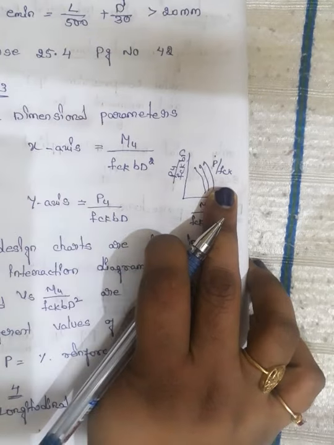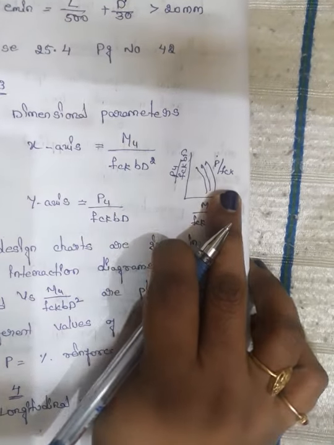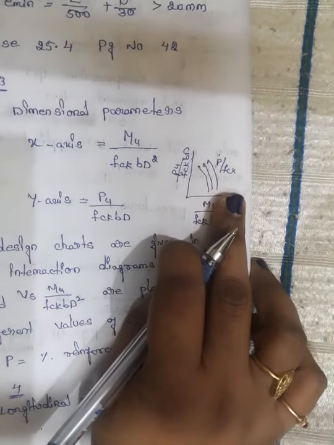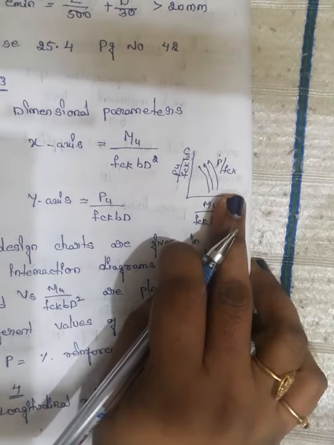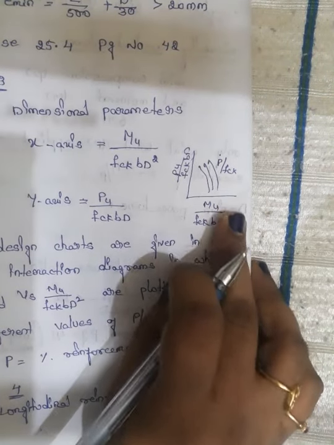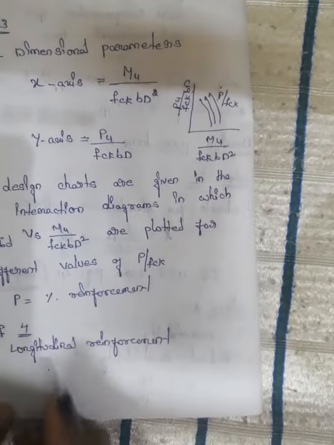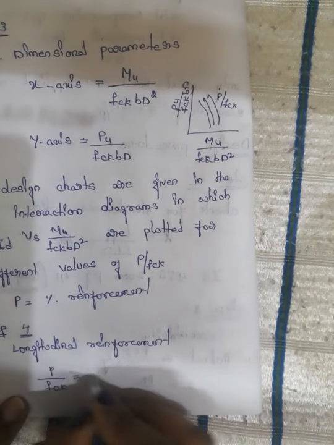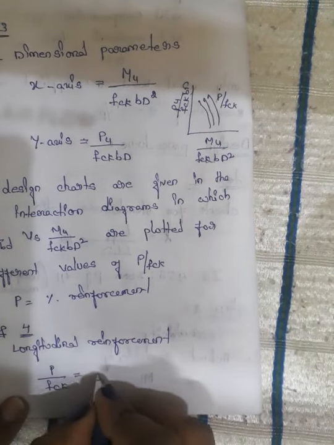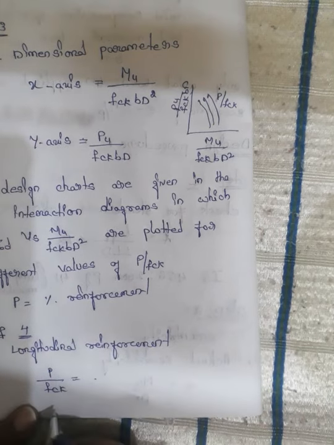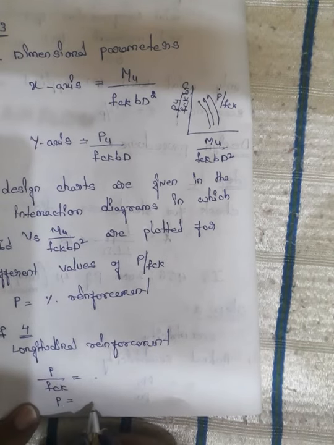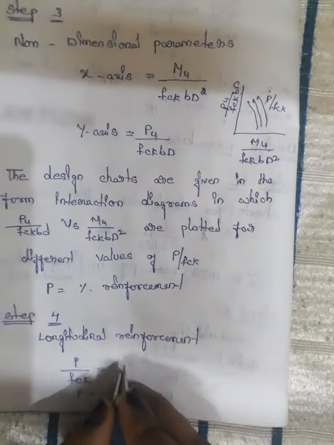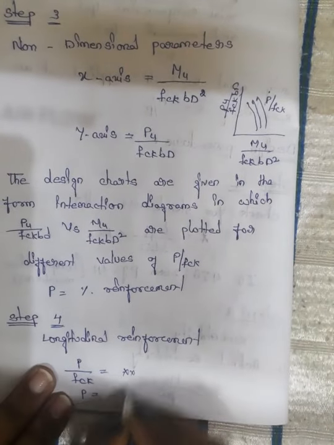Where P is equal to the percentage of reinforcement, which we are going to calculate from this P by fck. So from that we need to find P. After getting the P value, you will be getting some value of x, right? Here also you will be getting some value of x, right?